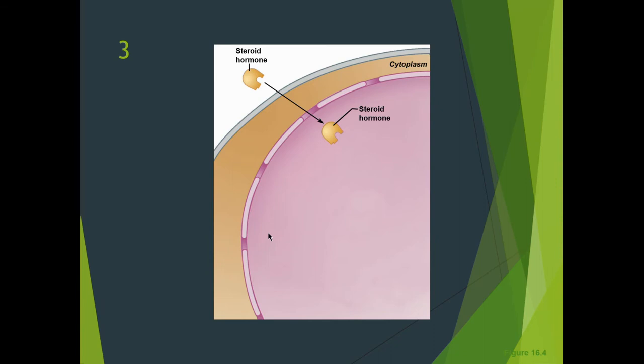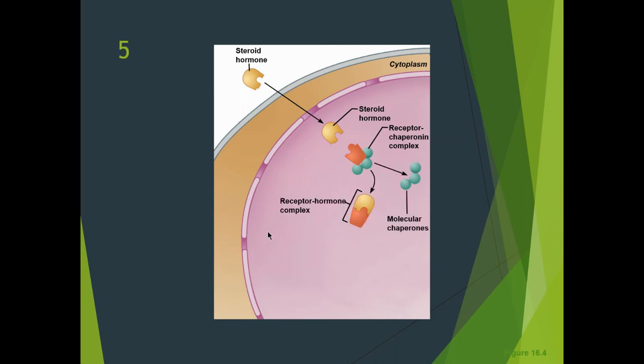And what's going to happen is it's going to hook up with a receptor. The receptors are floating around in the cell, and they're escorted by these little chaperones. They're moved around, and they're going to finally hook up. The chaperones will be released, and we're going to get this receptor hormone complex.